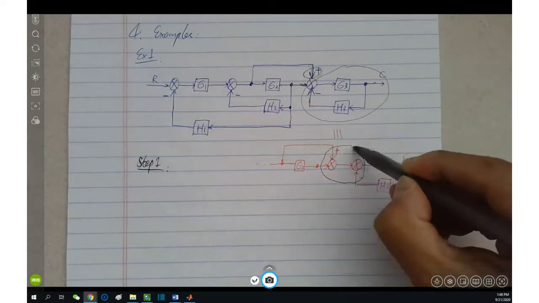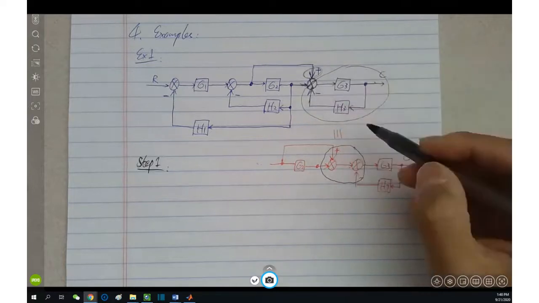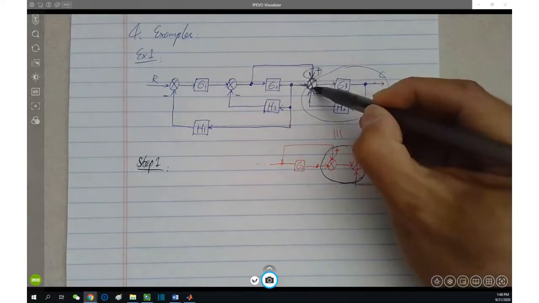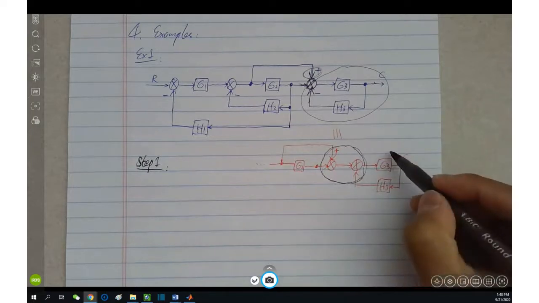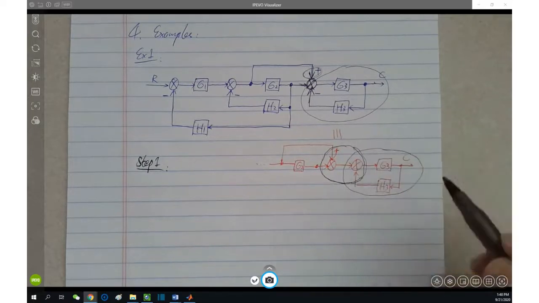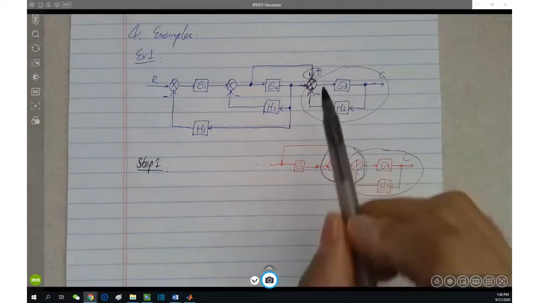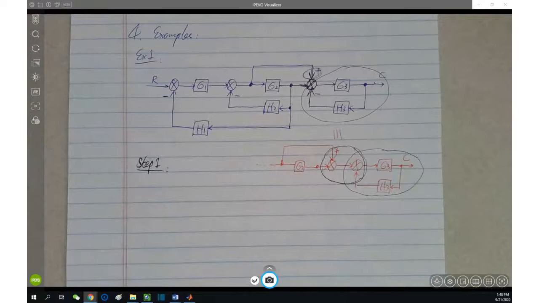This guy is nothing but this guy here. And of course, from here, you can see a clear feedback. A better look than here, right? This is really how you see it.